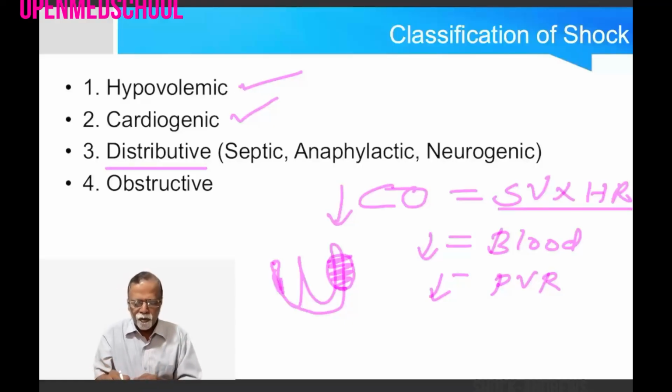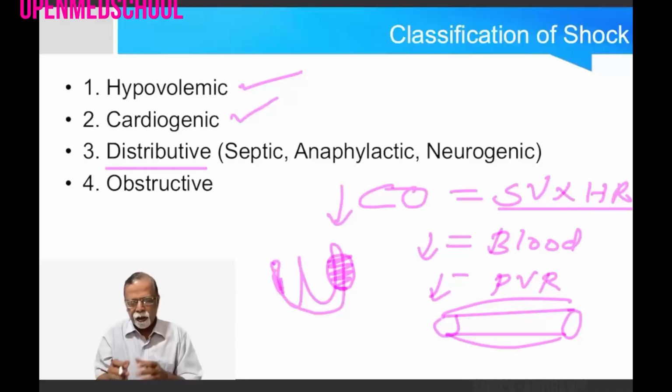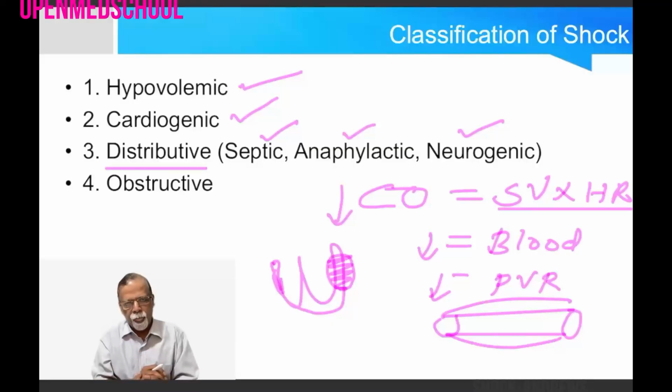Third is called the distributive type. Distributive means the vessels have vasodilation. So what happens? The blood pressure, the perfusion pressure, comes down. It occurs in sepsis, in anaphylaxis, and in neurogenic shock. All these come under distributive shock. In distributive shock, the peripheral vascular resistance decreases, the vessels expand, the tone decreases.